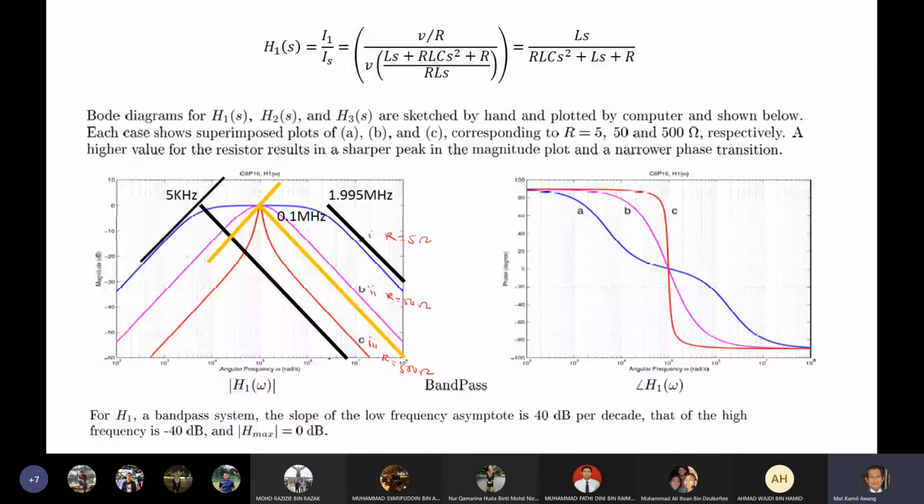Wait, this is 1, 2, 3, 4, 5, 6, 7, 8. This is 2, so basically that is here. This is the asymptotic line at 1.995, and another one is at this 5 kilohertz.